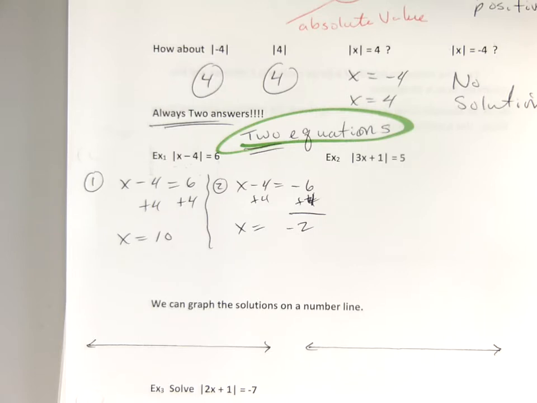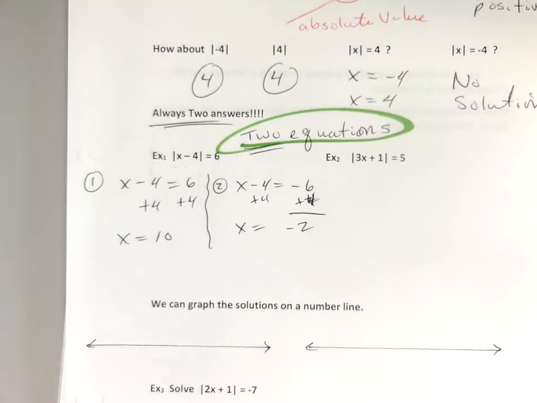Negative 2 right here. What's negative 2 minus 4? Negative 6. And what's the absolute value of negative 6? 6. So it does work, doesn't it? You see how it works? Both answers work. How many answers? 2. All right, how many equations? 2. You guys are awesome. Okay, it's Good Friday after all.